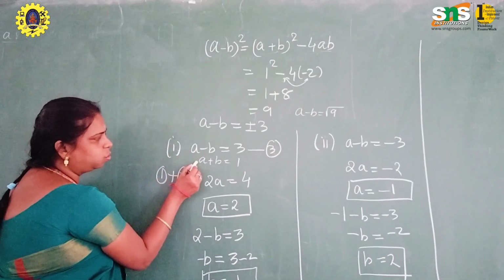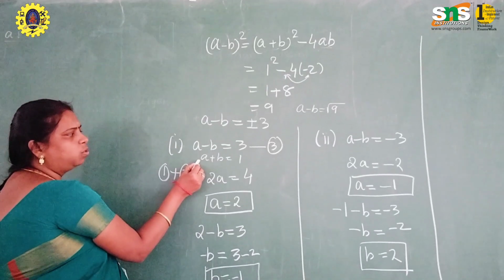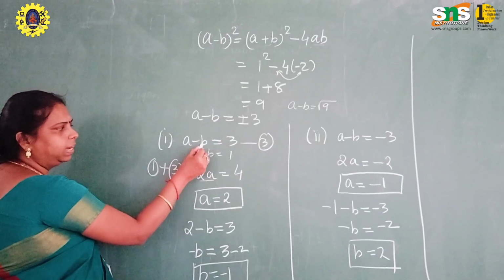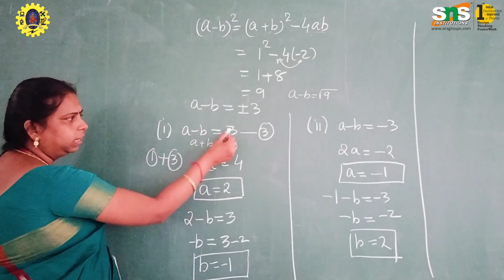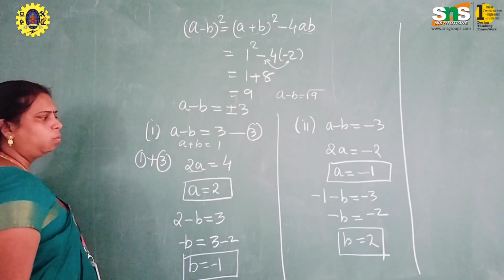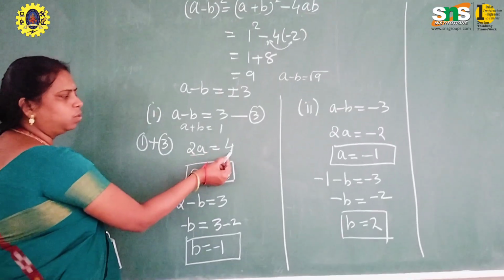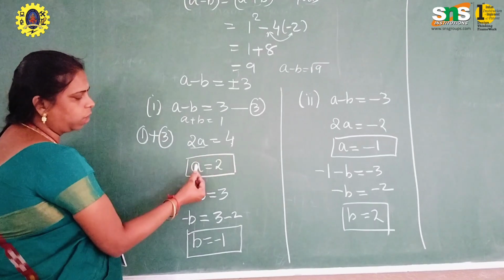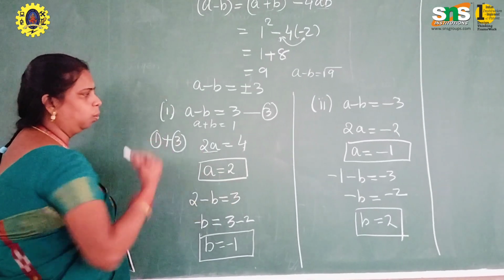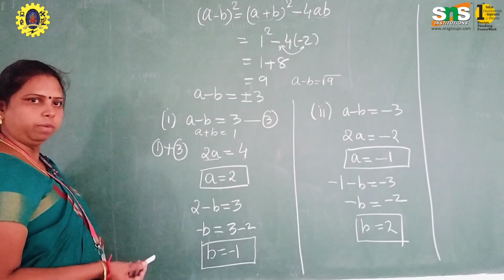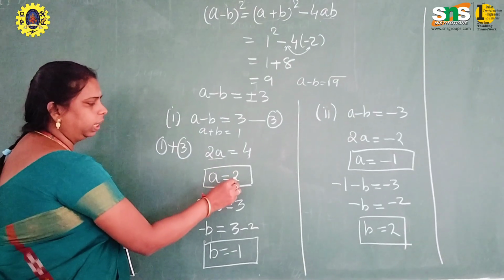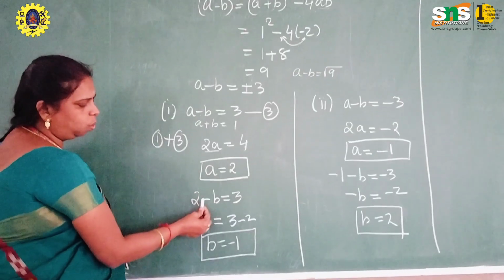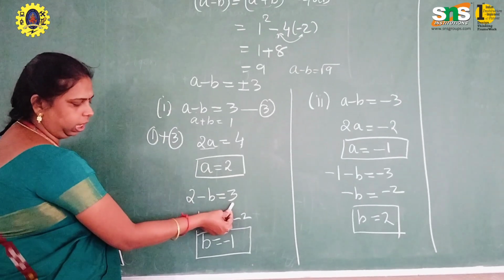Add these two equations. When I add them, A plus A is 2A, the minus B and plus B get cancelled, and 3 plus 1 is 4. So 2A equal to 4. To get the value of A, the 2 goes to the denominator, so A equals 2. Once we have the value of A, we can find B by substituting A in equation 3: 2 minus B equal to 3.